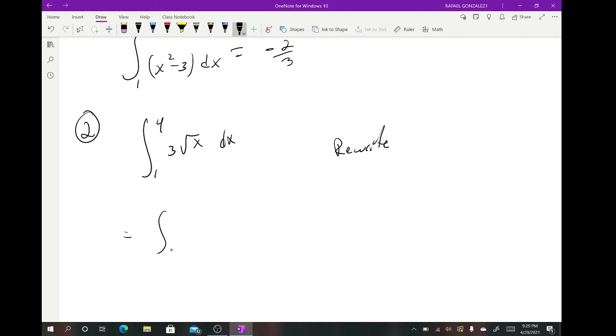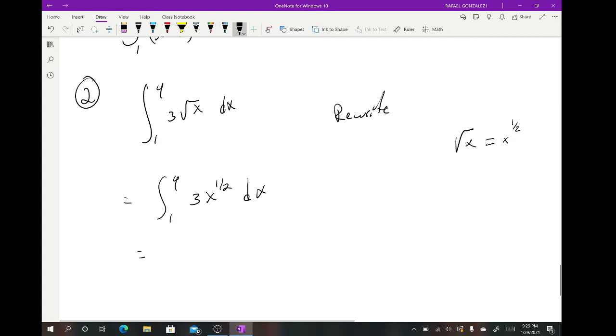So this is equal to the definite integral from 1 to 4 of 3x to the 1/2 power, because remember, the square root is the same thing as the power 1/2. Okay, so when you take the antiderivative of this, what do you get? Well, remember, you have to add 1 to the exponent and divide by the new exponent. So before I do that, let me just take out that 3 so you can see it better. This x to the 1/2 dx.